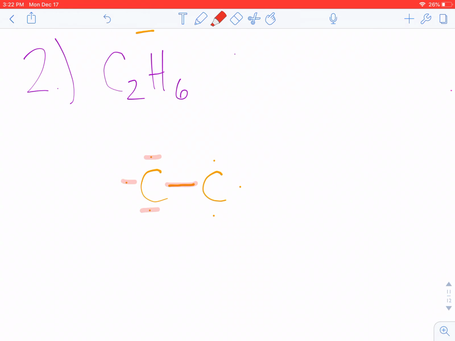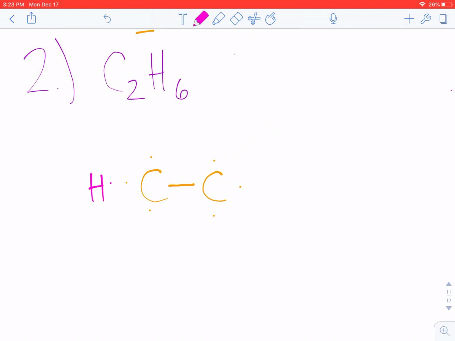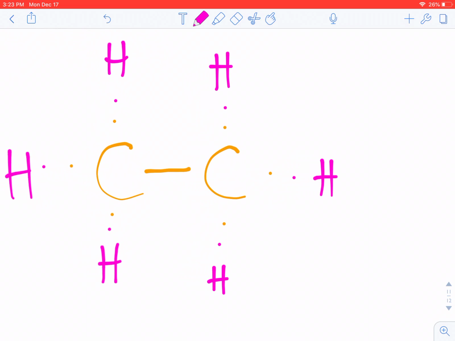So it still needs 3 more. So each carbon needs 3 more valence electrons, and it's going to get them from those 6 hydrogens. So I'm going to draw my hydrogens around the carbon atoms, in a way so that they line up perfectly, so I can draw those bonds. So I'm going to go through and connect those dots.